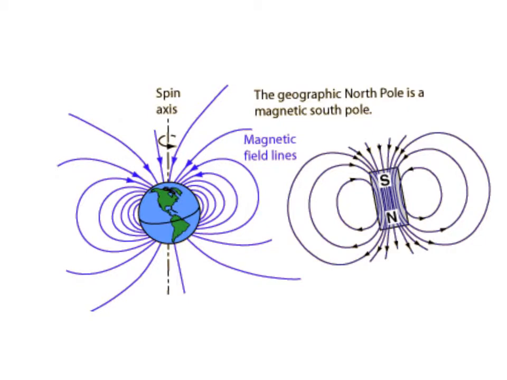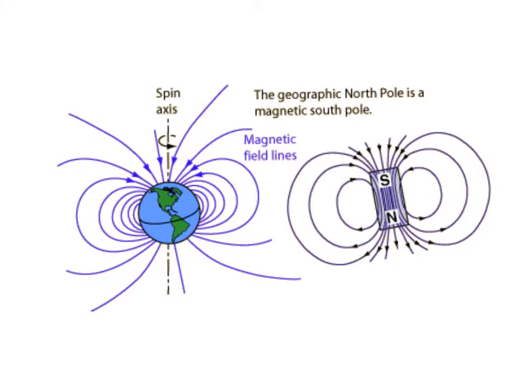And what do we know about magnetic poles? That's right, unlike poles attract. That is why the North Pole of our hanging magnet and our compasses will always point to north, because they are attracted to the South Pole of the imaginary Earth magnet, or the Earth's magnetic field.